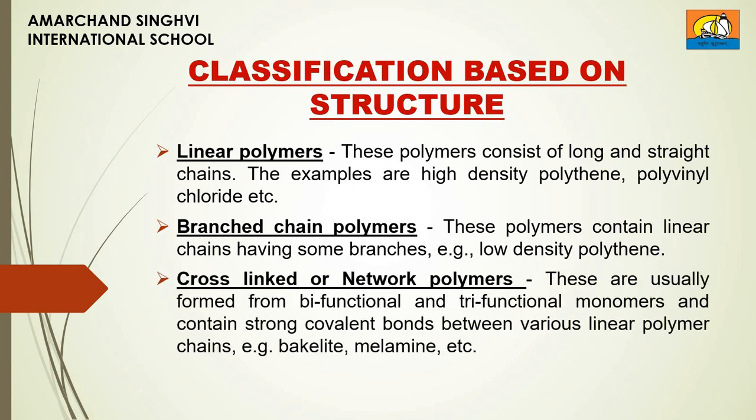Cross-linked or network polymers are usually formed from bifunctional and trifunctional monomers, and they contain strong covalent bonds between various linear polymer chains. So they are hard and rigid. Examples are bakelite, melamine, etc.